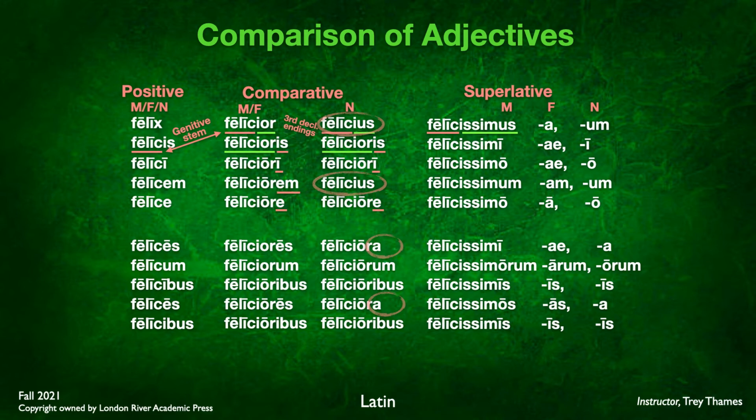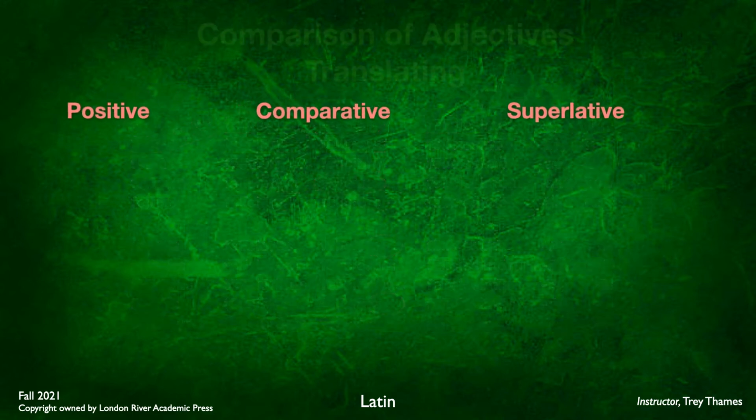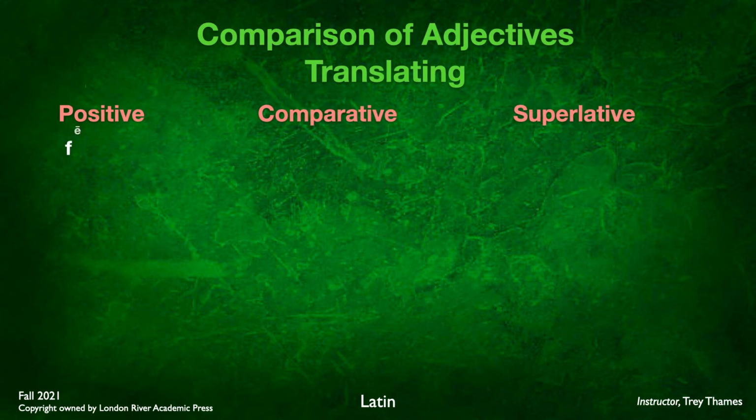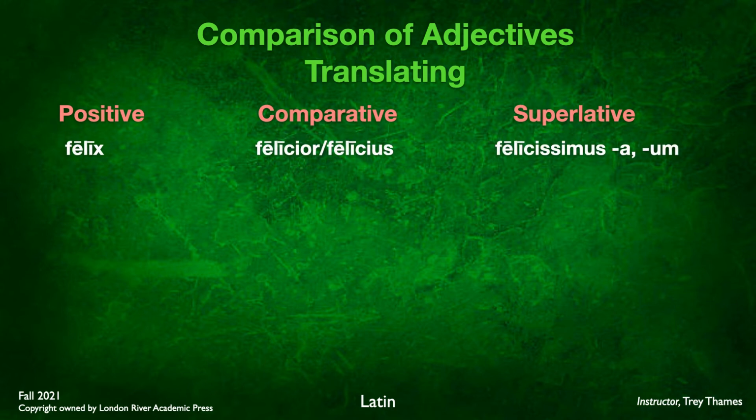Okay, now how do we translate these? How do we translate these adjectives in the comparative and superlative forms? Well, let's take felix, the third declension adjective, as our example here. We have felix in the positive, it simply means happy. In the comparative, it's felicior in the masculine and feminine, and in the neuter felicius, so we have happier or more happy.